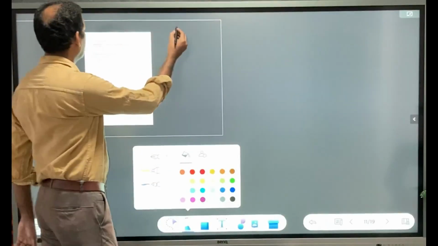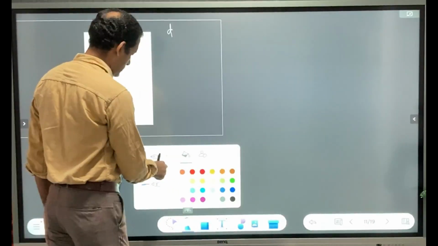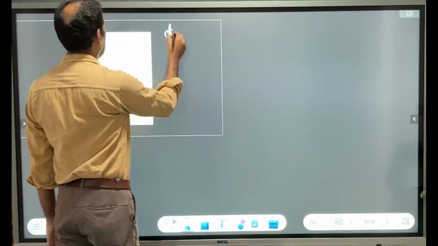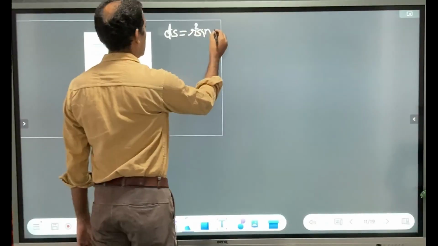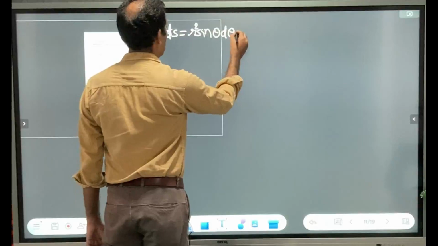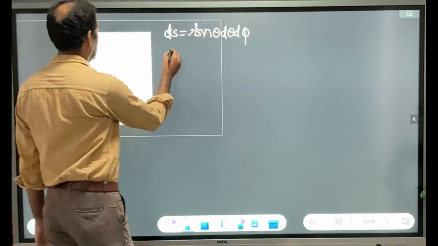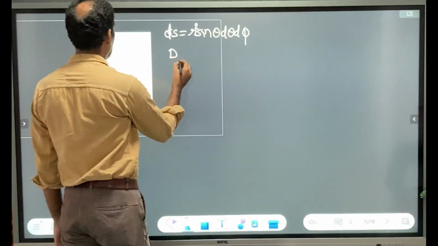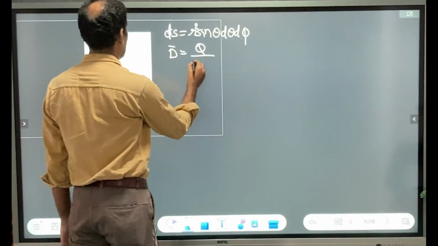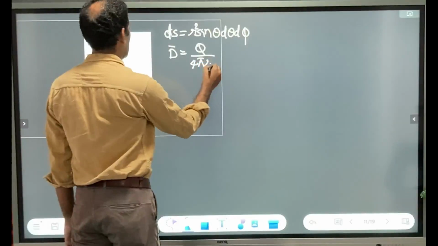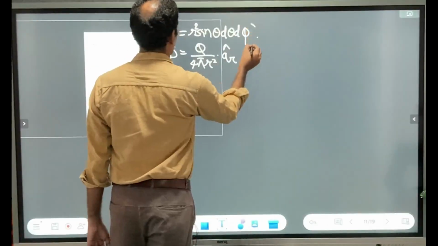Let's say what we have already: we have dS is equal to r square sine theta d theta d phi, and D is equal to, say for this charge, Q upon 4 pi r square into a_r cap.